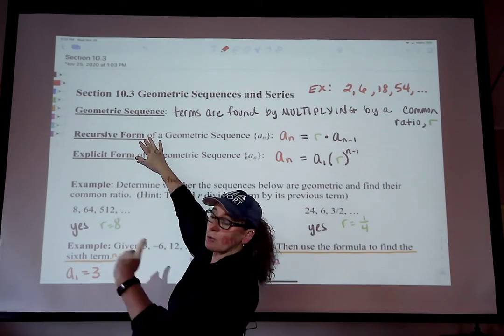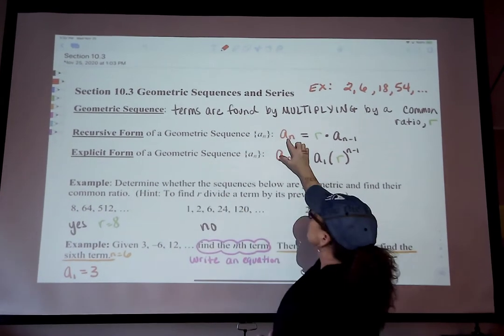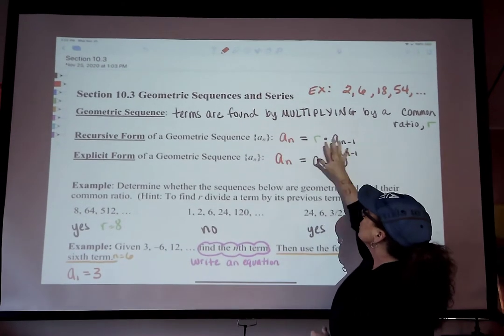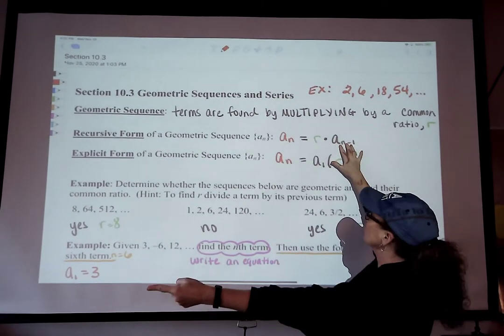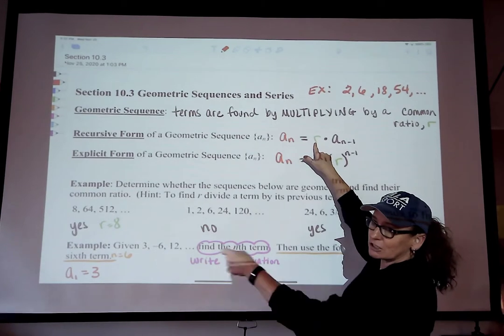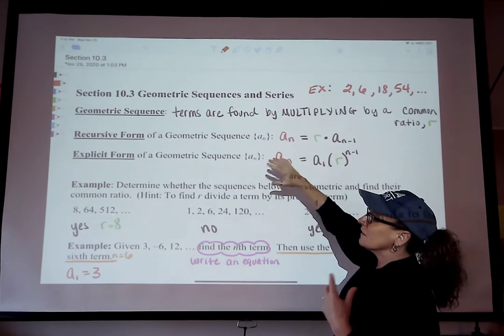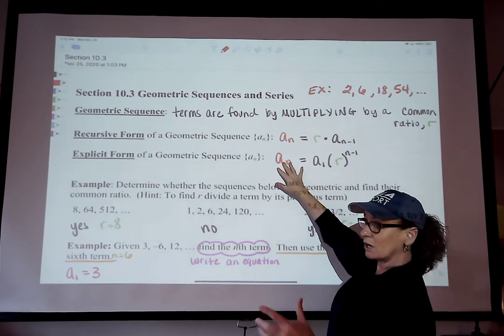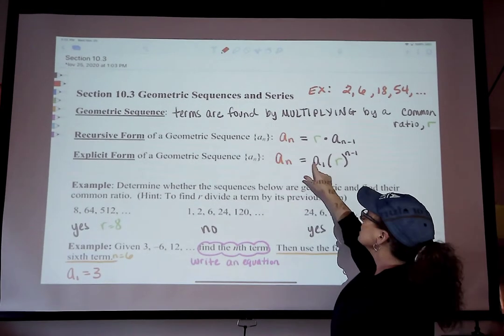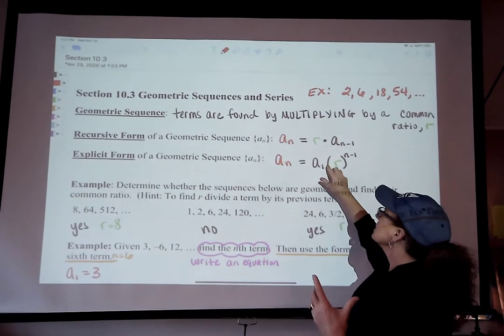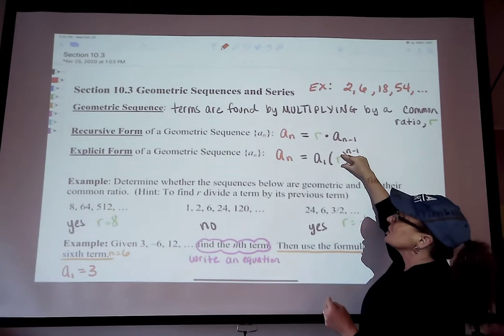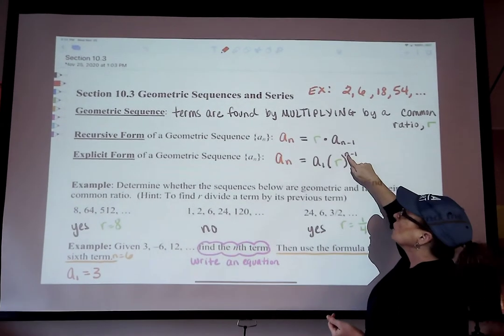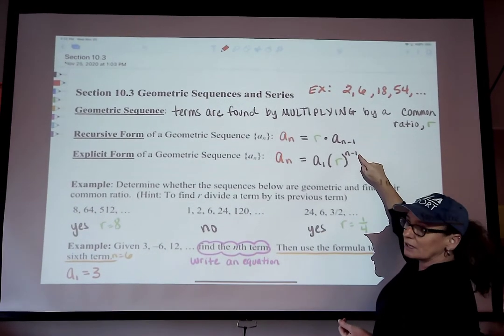We can define geometric sequences recursively or explicitly. Recursively means you have to always look back at the previous term. So to get a term, you take the previous term and multiply it by your common ratio. The explicit form is when you want a term, like maybe the 100th term: take your first term times your common ratio to the power of 100 minus 1.